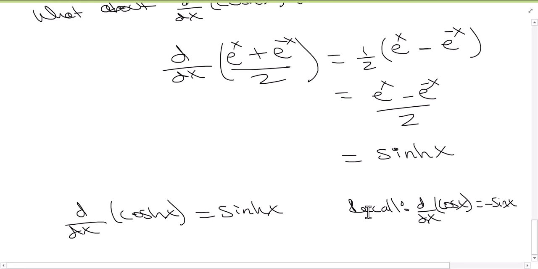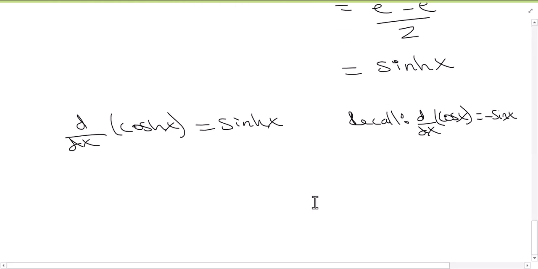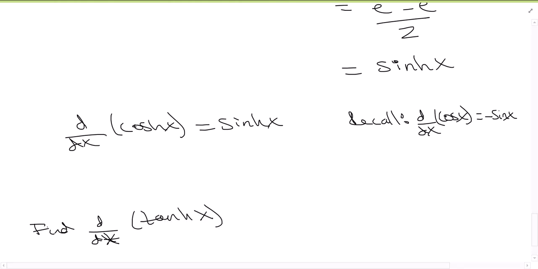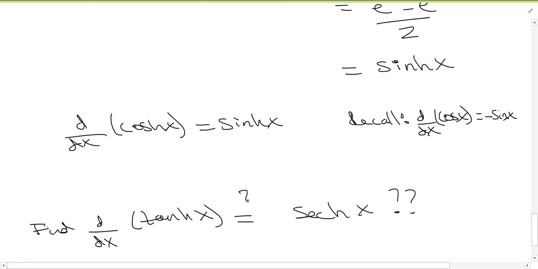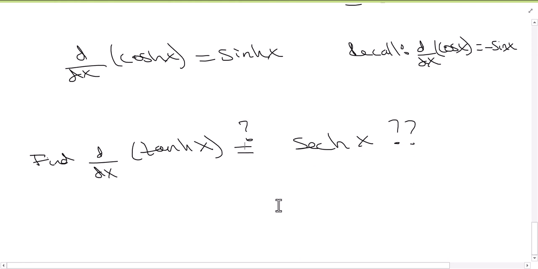What about hyperbolic tangent? So let's try to find the derivative of hyperbolic tangent. Any guesses what it's going to be? Is anyone guessing that it was going to be hyperbolic secant? So let's see. There are a couple ways that we can do this.